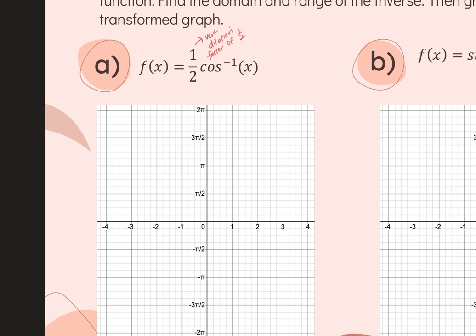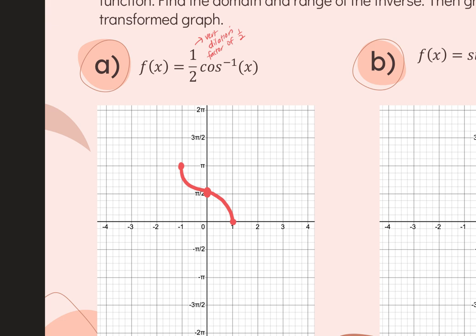So now think about what our parent function of cosine -1 looks like. It starts left and goes right. It goes from -1 to +1. And it's like a reverse curve like that. It passes through 0 pi over 2. So cosine stays above the x-axis.